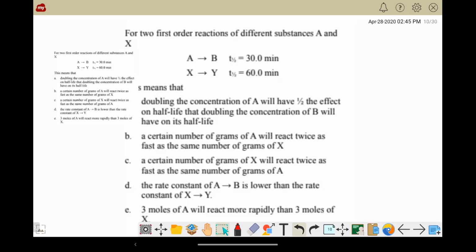B, a certain number of grams of A will react twice as fast as the same number of grams of X. C, a certain number of grams of X will react twice as fast as the same number of grams of A. D, the rate constant of A to B is lower than the rate constant of X to Y. Or E, 3 moles of A will react more rapidly than 3 moles of X.